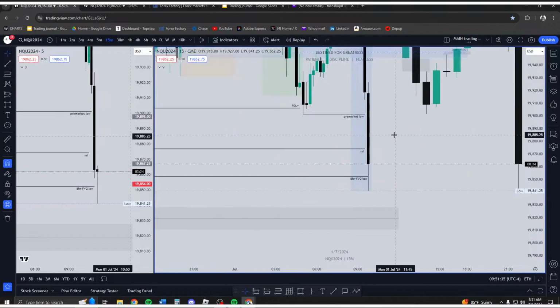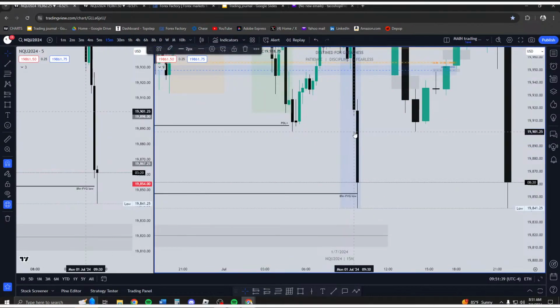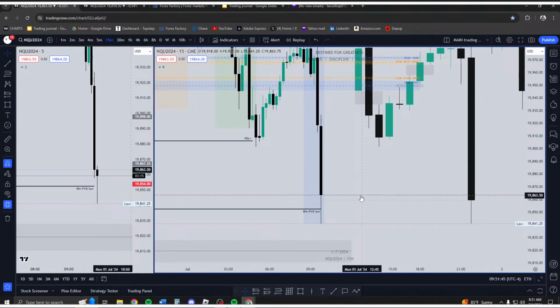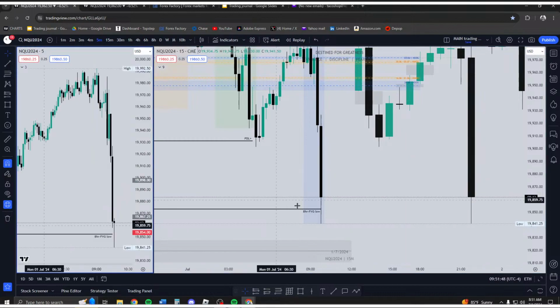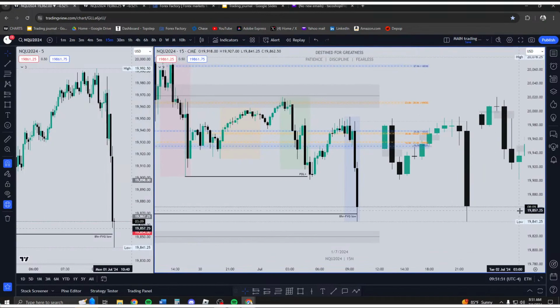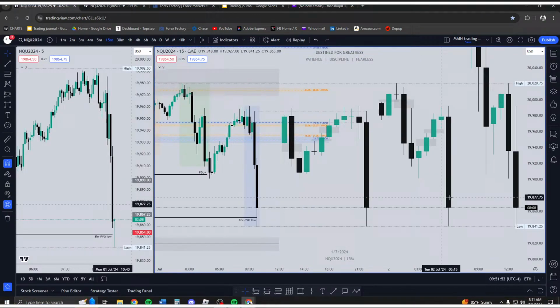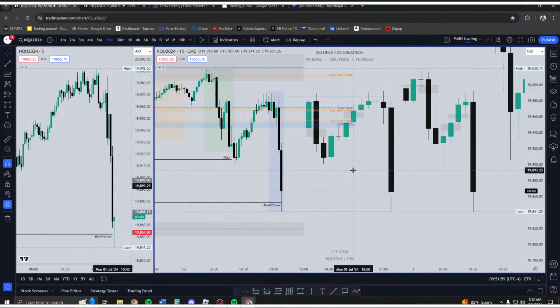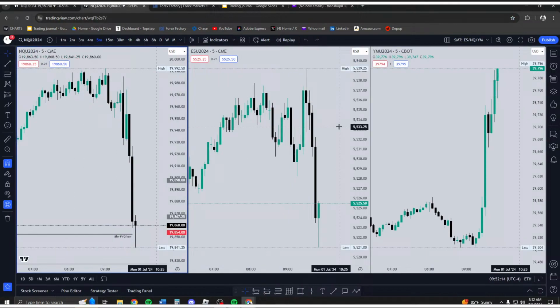I don't really have significance for this anymore. I do want to see us close below this 8-hour FVG low though. YM is continuing.